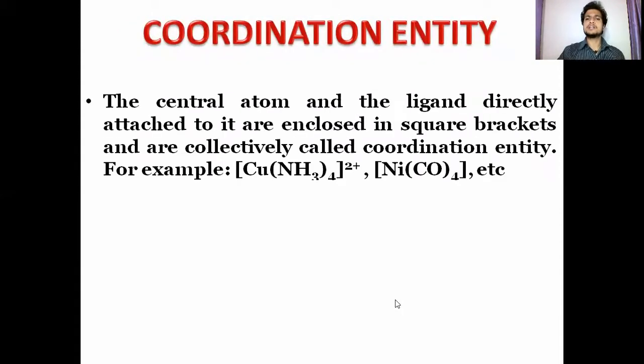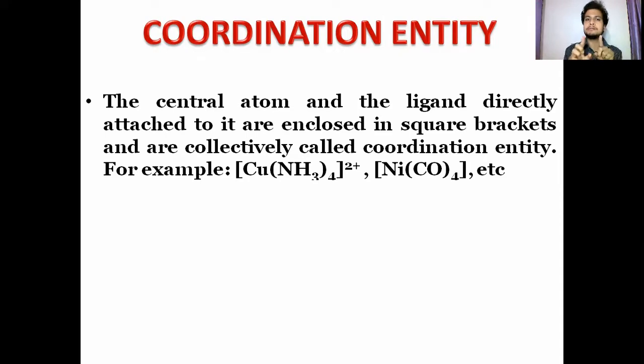Coming to the next, that is coordination entity. What is a coordination entity? Whenever we write a coordination compound, we always enclose part of it in square brackets. What we enclose in the brackets is two things, the metal and the ligands directly attached to the metal.